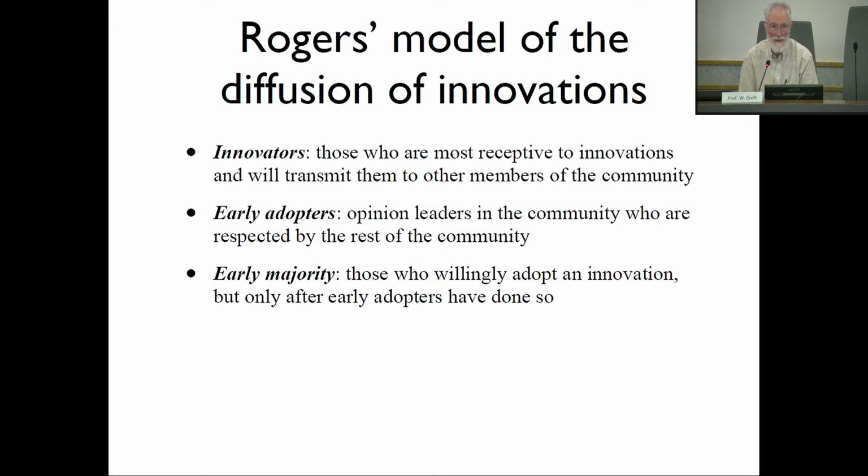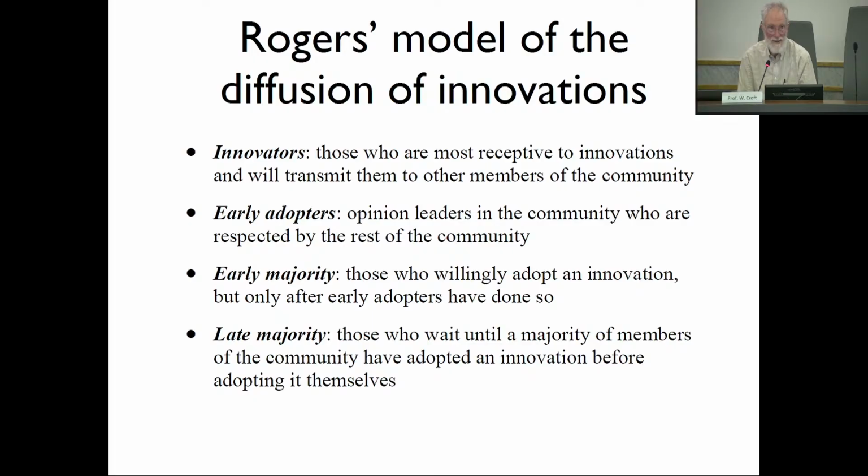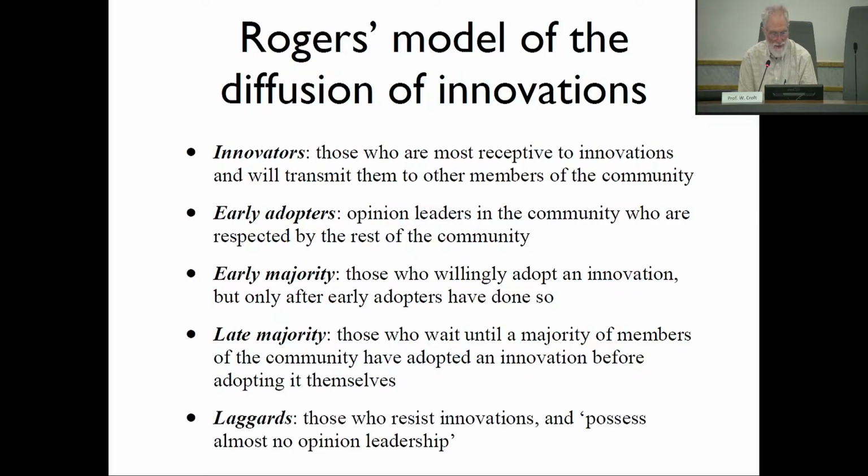It's like everybody is waiting to see who's going to do what, and then they'll follow the persons they think of as the early adopters, but they won't do it until someone else does it. Then you have the late majority, the ones who slow down and wait until the majority members of the community have adopted the innovation. And then you have the laggards, those who resist innovations and possess almost no opinion leadership.